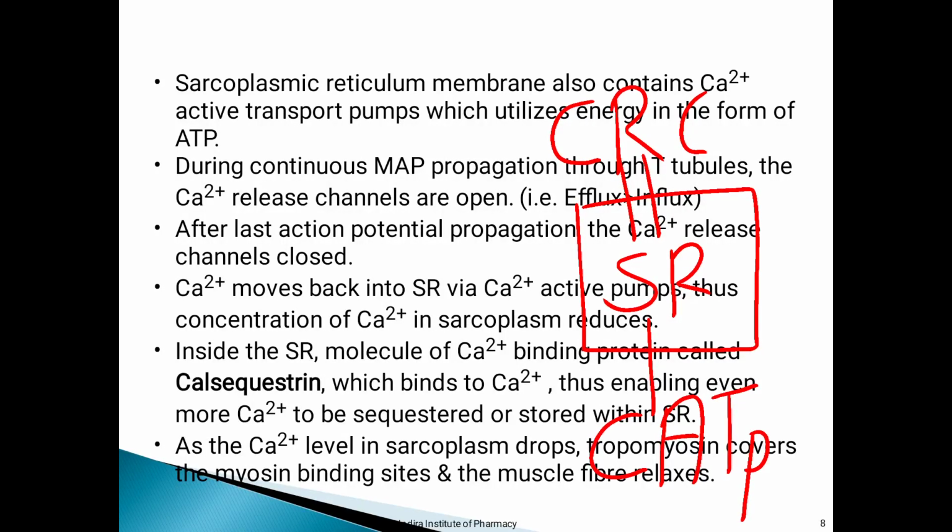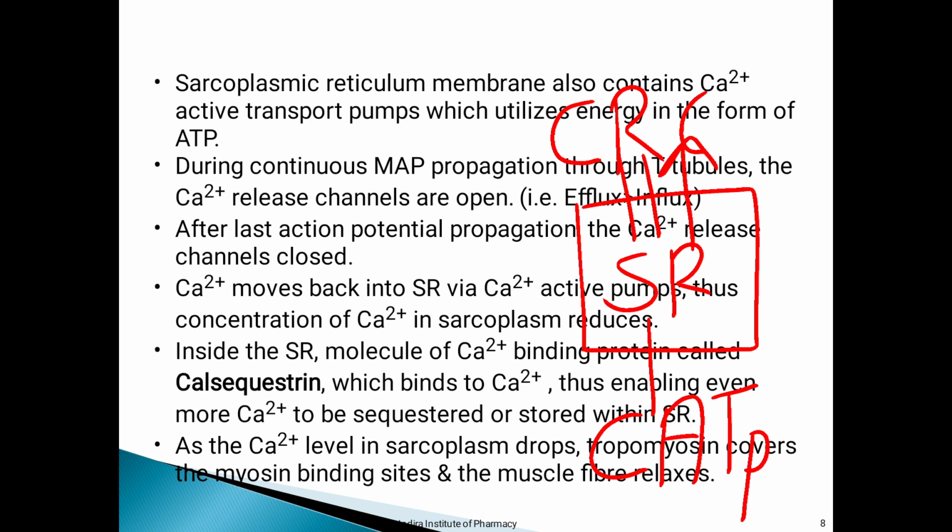Whenever the muscle action potential reaches the sarcoplasmic reticulum, this channel releases calcium out of the sarcoplasmic reticulum.